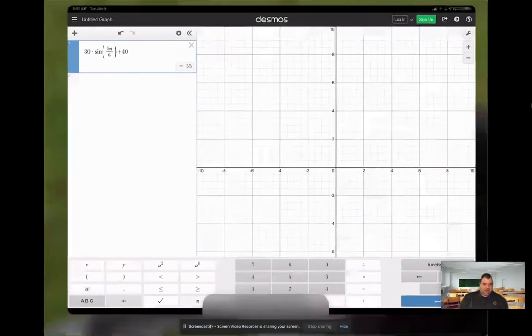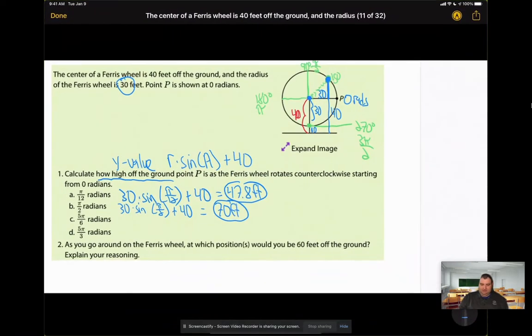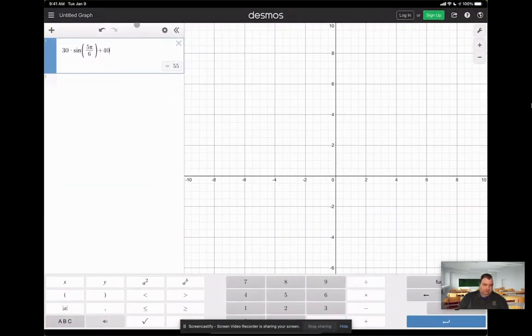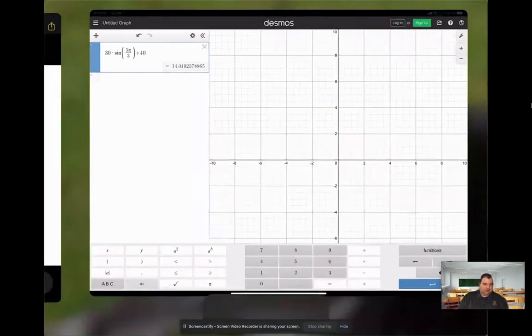So that's approximately 55 feet. Okay. And then we're going to change it to 5 pi over 3 radians. Okay. So that's approximately 14 feet.